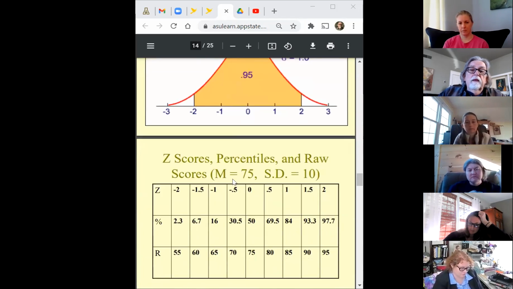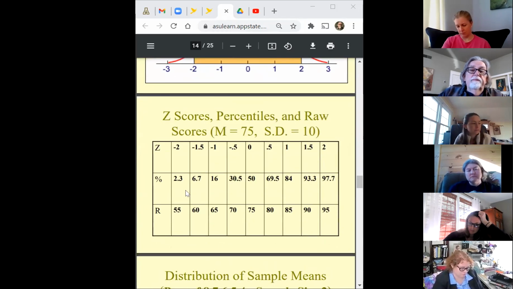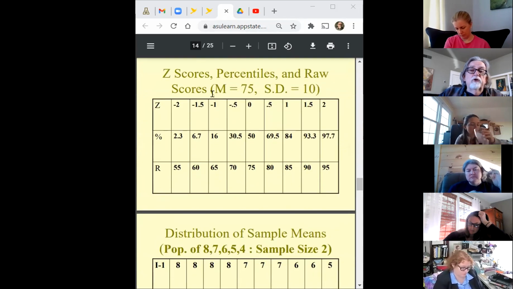Now, when we look at adding an actual value here, let's say we had a test and it had a mean value of 75 and a standard deviation of 10. Well, at 0 z-score, that would be a 75, the 50th percentile, which is a 0 z.